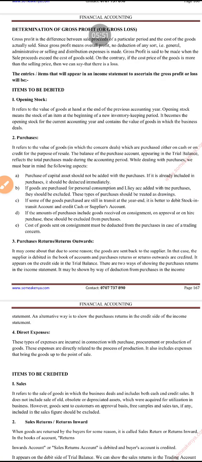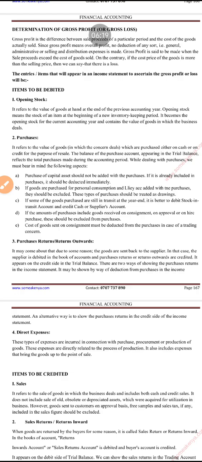It becomes the opening stock for the current accounting year, and it contains the value of goods which the business deals in. So the closing stock of yesterday is usually the opening stock of today. So what you closed with yesterday will be the opening stock of today.